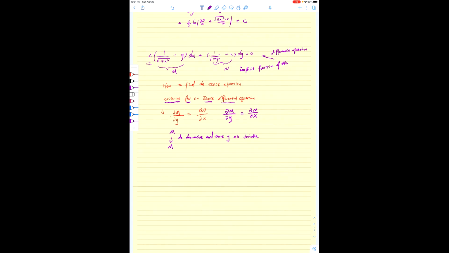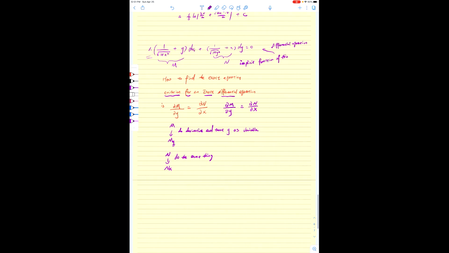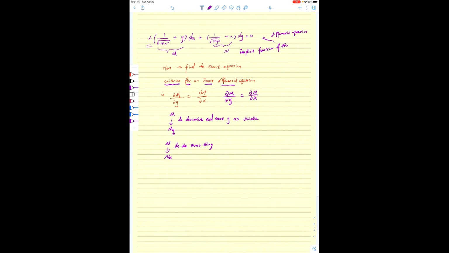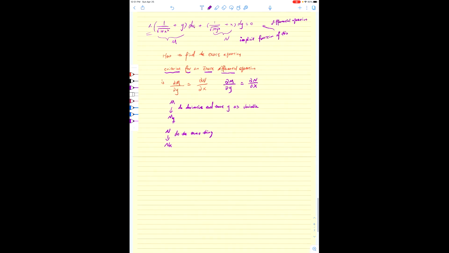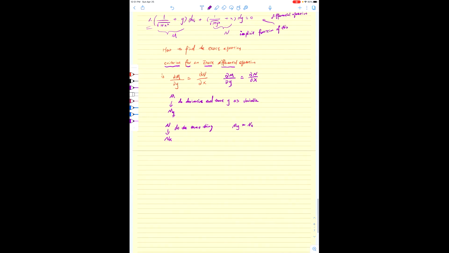So we can write M_y like this, and for N we do the same thing, which is we treat x as a variable. Then, in order to find the exact differential equation, we have to prove that M_y equals N_x.